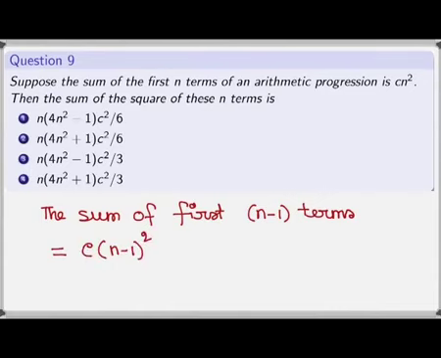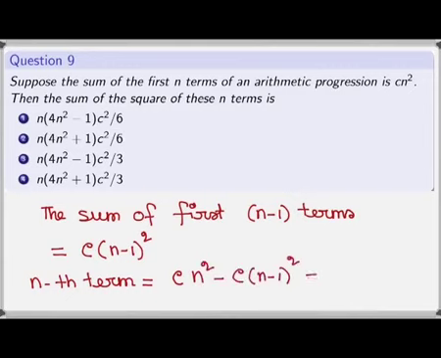Therefore, we know what the nth term is. The nth term is nothing but the sum of first n terms minus the sum of first n minus 1 terms. So, we have the nth term is c into n square minus c into n minus 1 square, which is c into 2n minus 1.